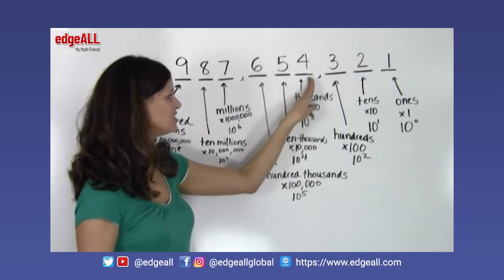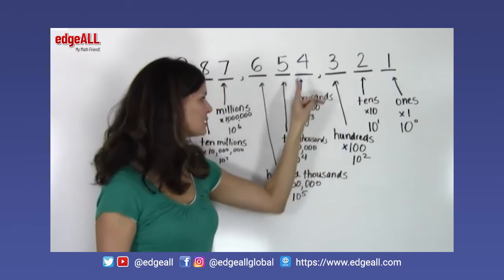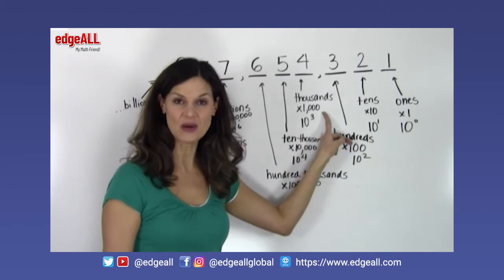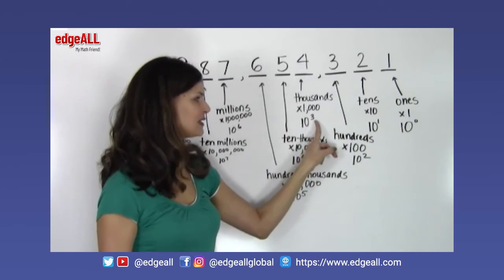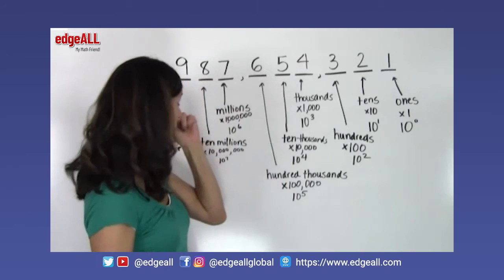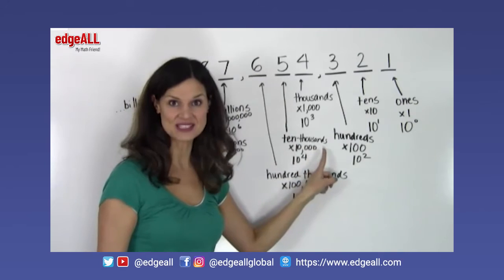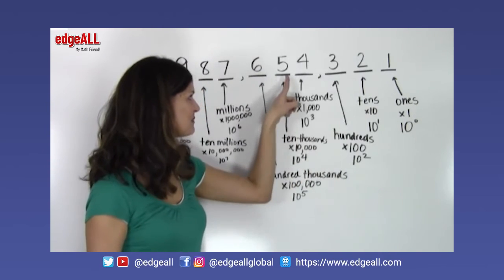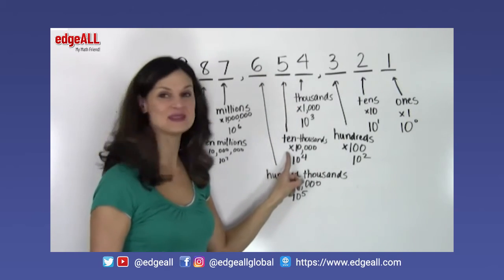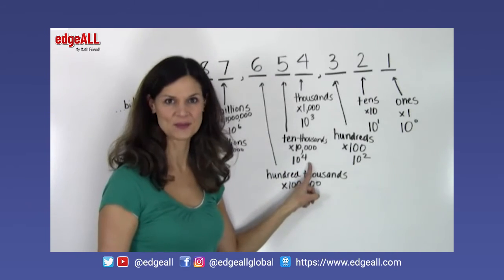Our fourth digit is in the thousands place, so we multiply that digit by 1,000, or 10 to the power 3, to find its value. Our fifth digit is in the 10,000s place, so we multiply our digit times 10,000, 10 to the power 4.